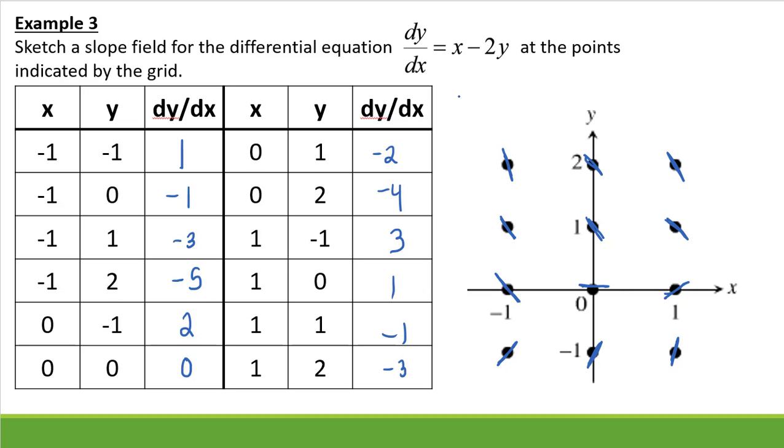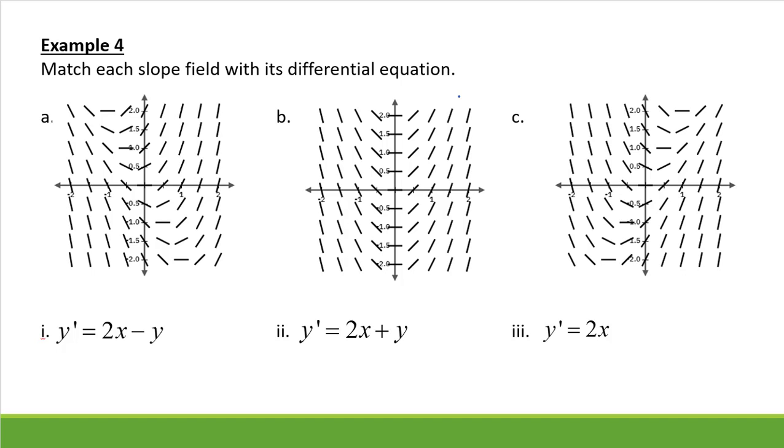A lot of times on multiple choice, you're going to have to match the slope field with the differential equation. So let's look at these slope fields. Notice that A and C look very similar, so B is kind of the outlier.